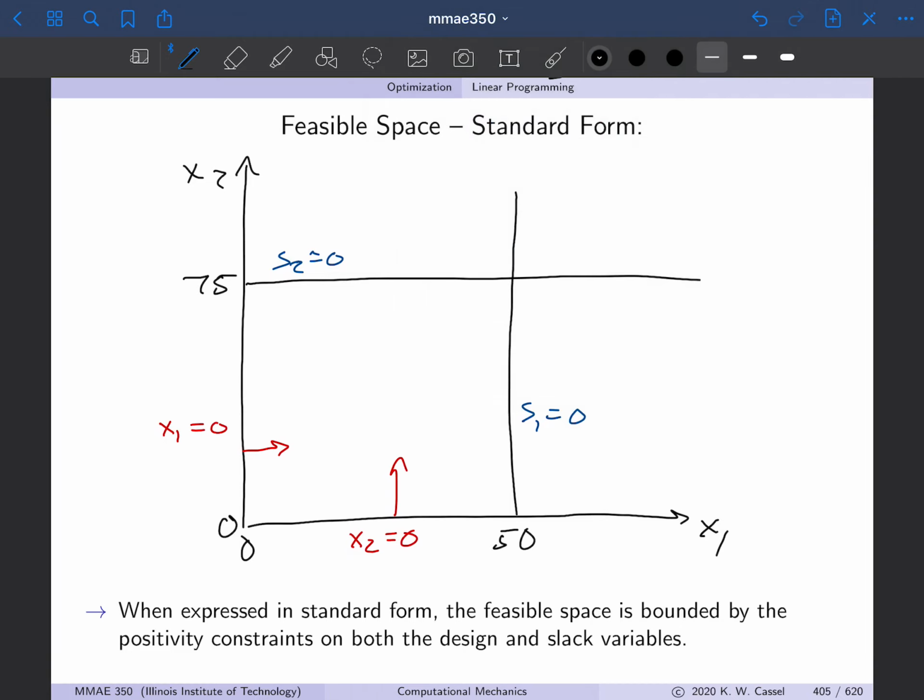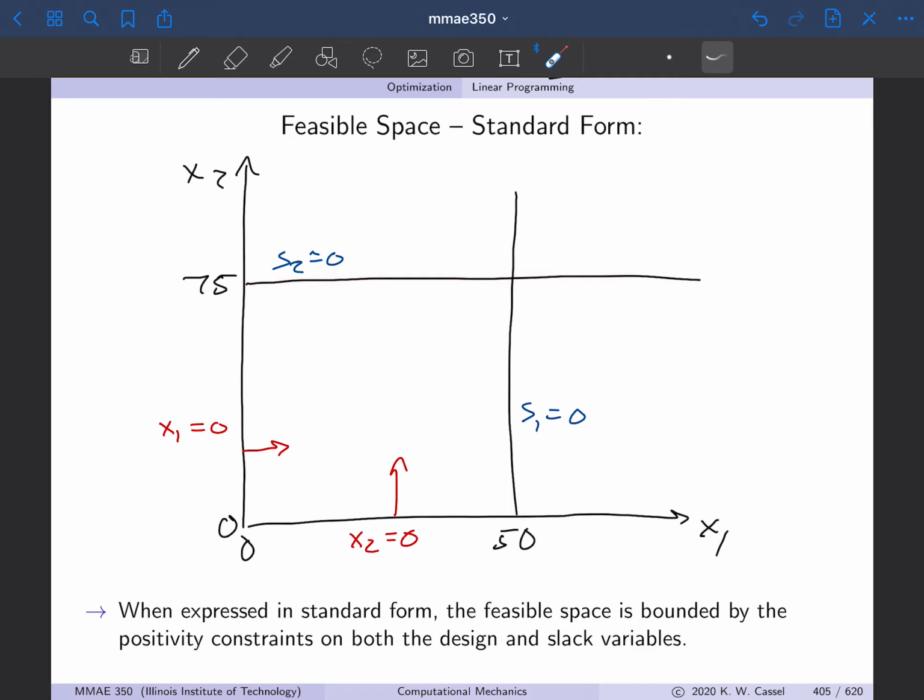So this boundary right here, that is x1 is equal to 50, and if x1 is equal to 50, then s1 would be equal to 0. If x2 is equal to 75, then s2 would be equal to 0. So you see how those correspond to each other.